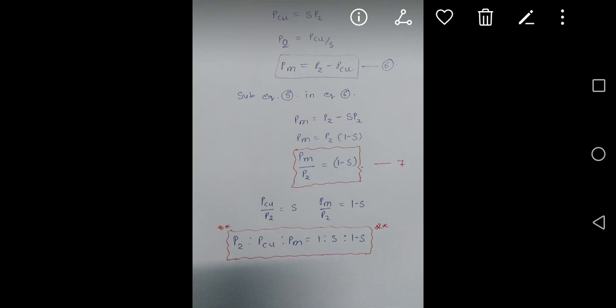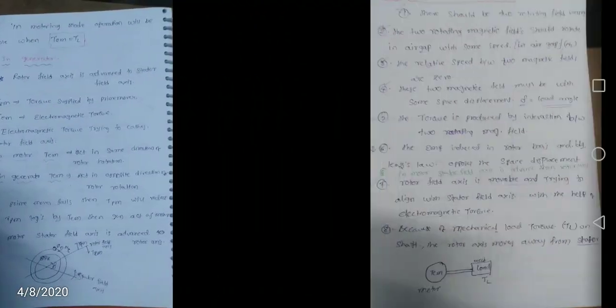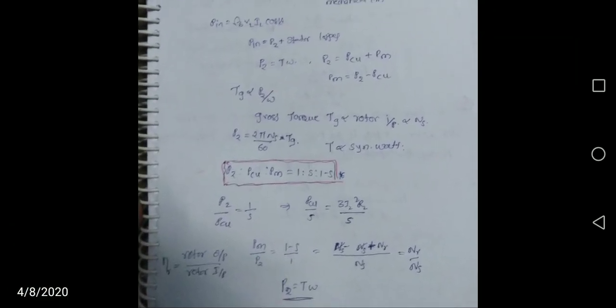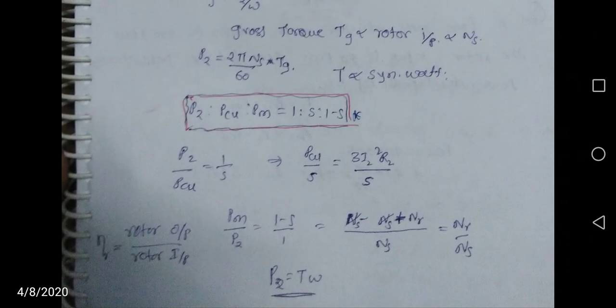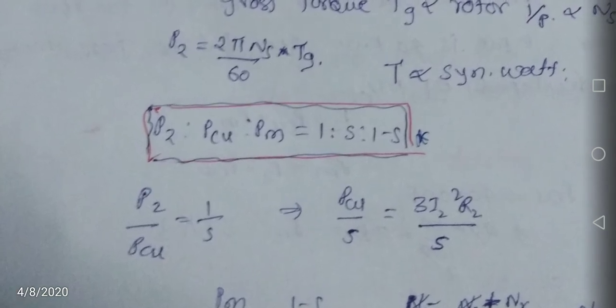So the next one is 1 minus S. See here the rotor efficiency: PM by P2, where PM is the rotor output power and P2 is the rotor input power, equal to 1 minus S by 1. That can be written from this equation P2, PCU, PM.